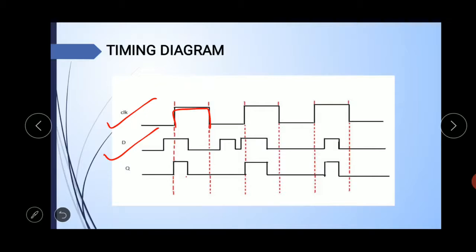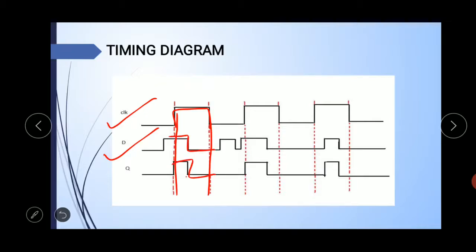So when the clock is 1, at that time this one is the input signal. So here the dotted line is given. Within this dotted line the output changes according to the input. See here, after this dotted line the input is like this and this output is also like this, means similar data we get at the output.